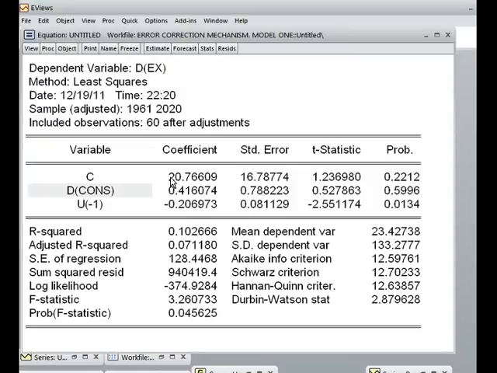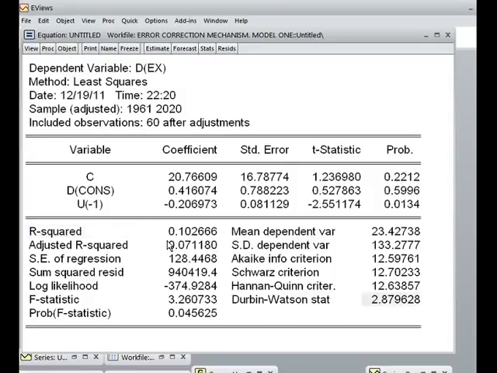And finally, is this model spurious? So what is the guideline of spurious? The guideline of spurious is that the R square value should be greater than the Durbin-Watson statistics.